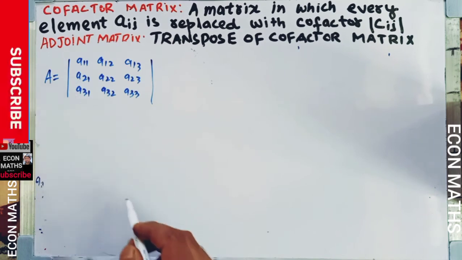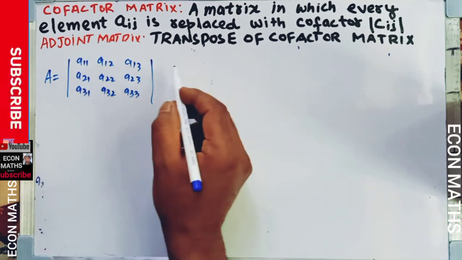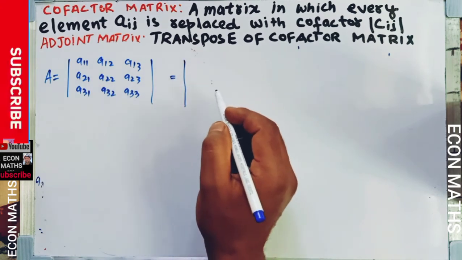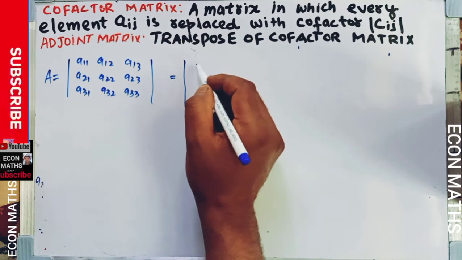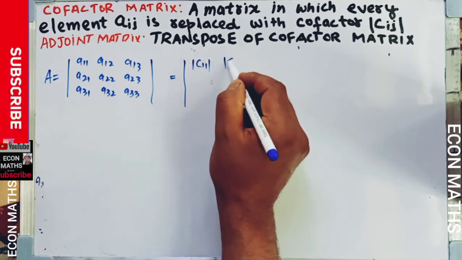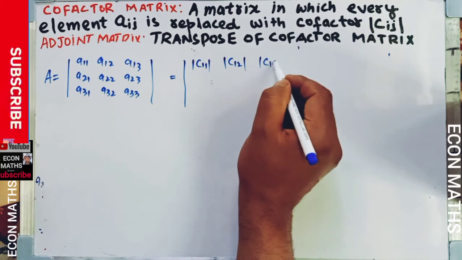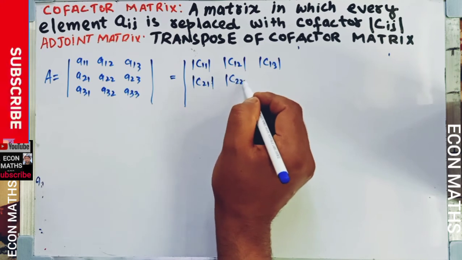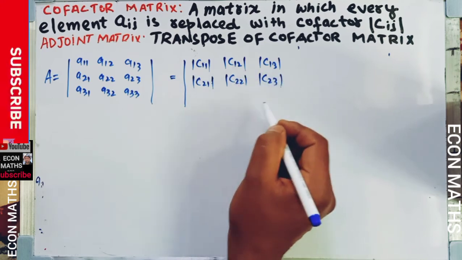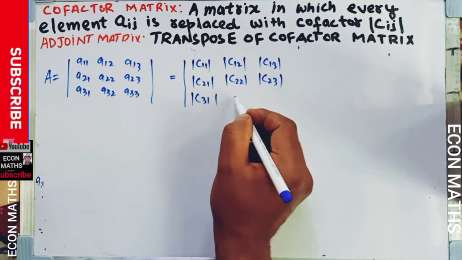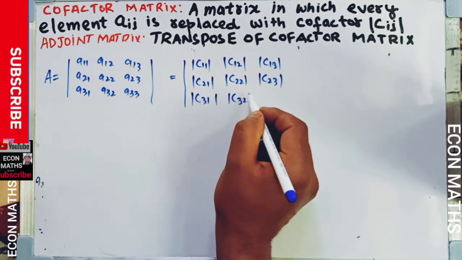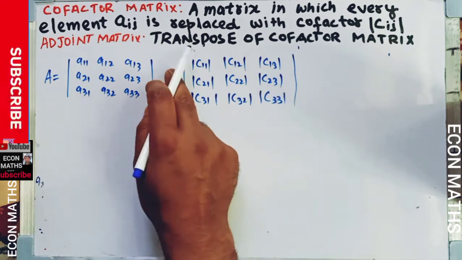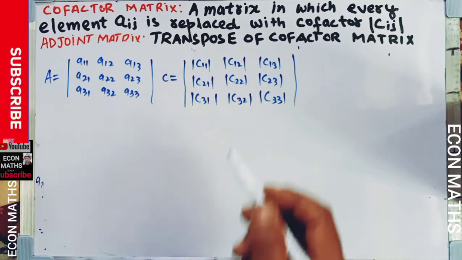Now the cofactor matrix is given by C11, C12, C13, C21, C22, C23, similarly C31, C32 and C33. Now this is the cofactor matrix.